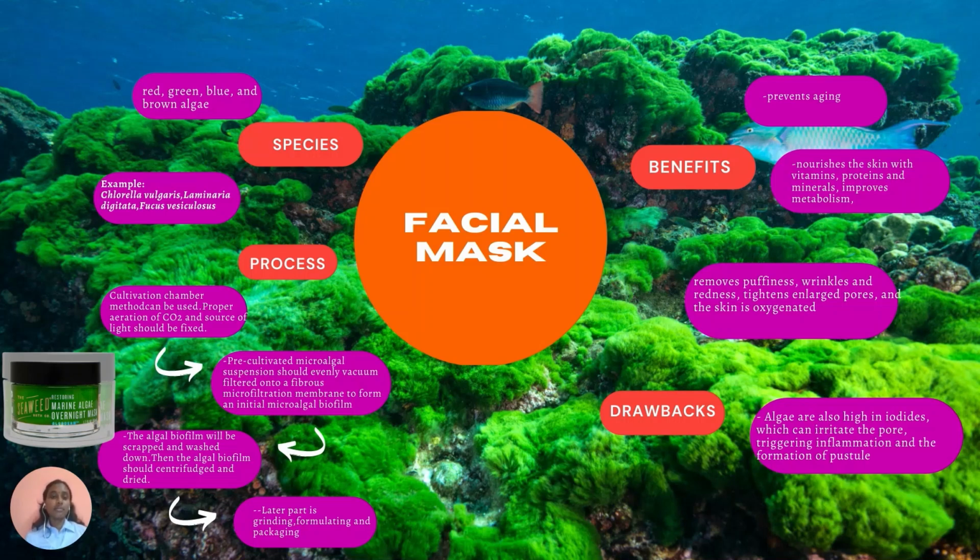Subsequently, the concentrated microalgae pellets will be scraped, washed in distilled water and poured into a transparent cylindrical dish. After 7 days, the algae biofilm is washed down and centrifuged. Following that, it is ground, formulated, and packaged for selling.